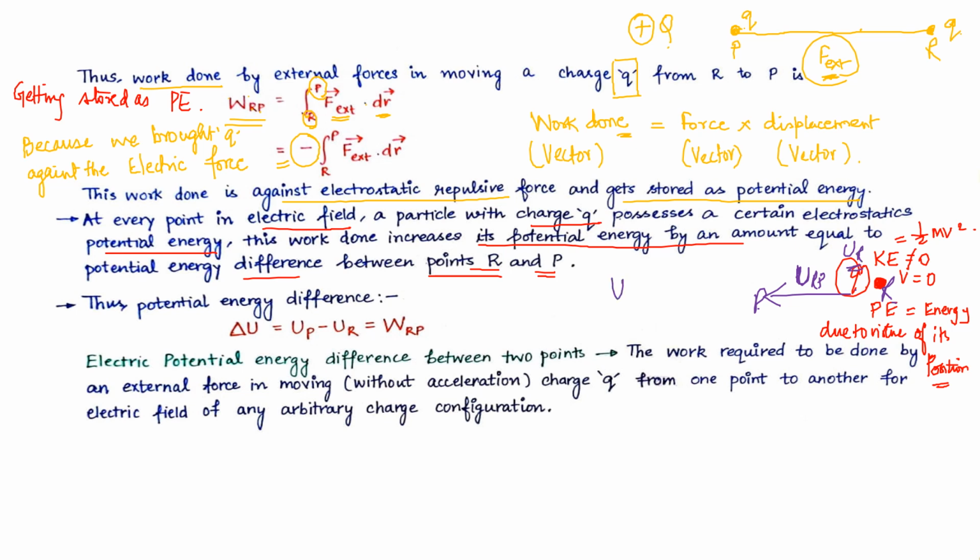So the total potential energy is given as potential energy present at R plus potential energy present at P. But what is the amount of potential energy that is stored during this phase? That will be given as UR minus UP.